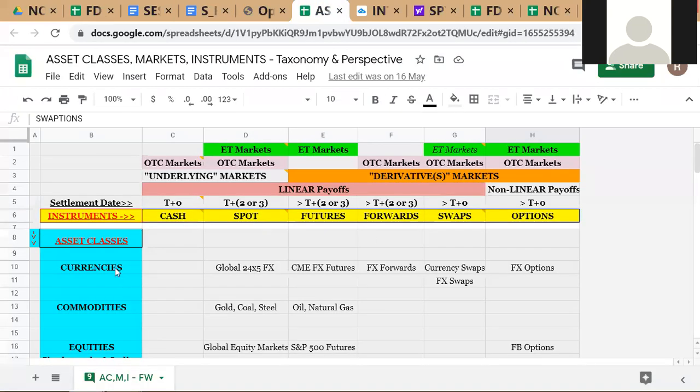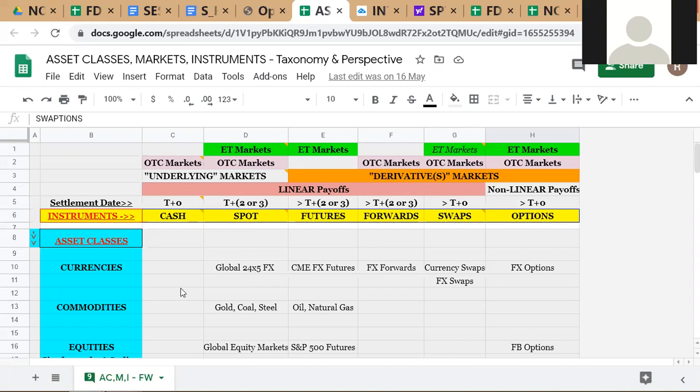It is not sufficient to say that the underlying asset is, say, dollar yen. You have to clarify whether it's dollar yen spot, dollar yen futures, or dollar yen forwards. A dollar yen swap is difficult, to have an option on the FX swap, but you have to specify any of these instruments.